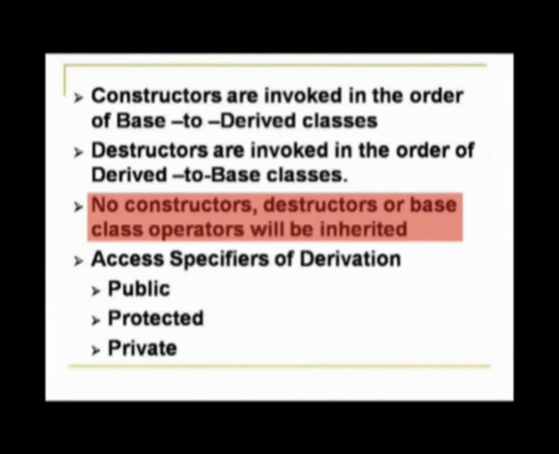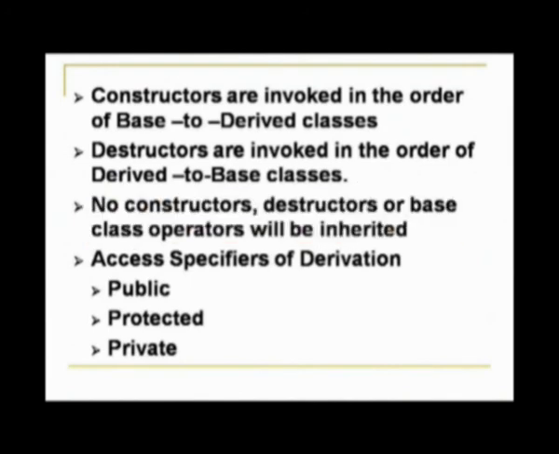No constructors, destructors or base class operators are inherited. So, this is another difference between constructors and other functions. When we inherit from another class, only the data members, variables and the member functions which are defined by the user, other than constructors and destructors, are inherited. Constructors, destructors and operators are not inherited when we inherit one class from another.